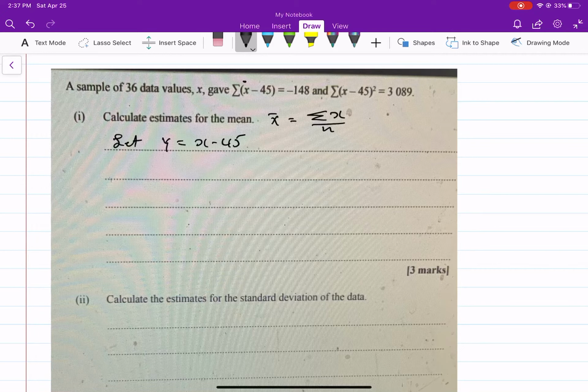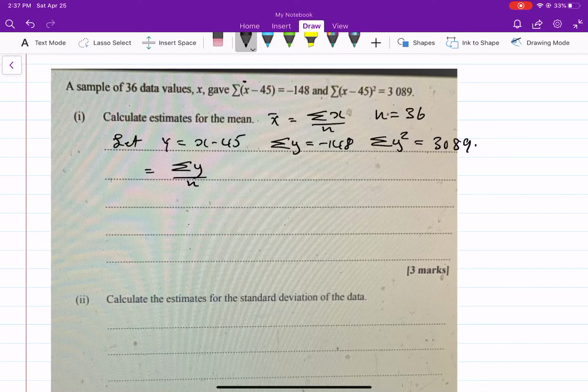So those two expressions up there become sigma y equal to minus 148, and sigma y squared equal to 3089, right? Okay. And then I'm going to find the mean of y. Y bar is equal to sigma y upon n, where n, by the way, is 36 data values.